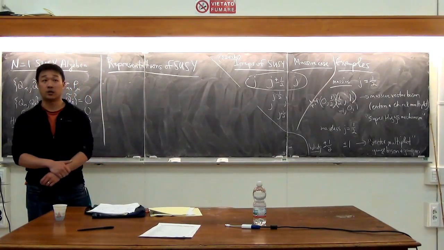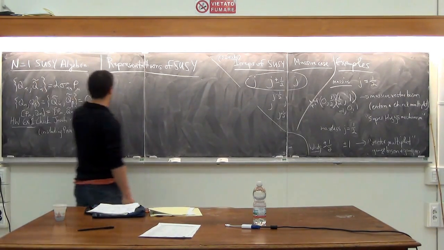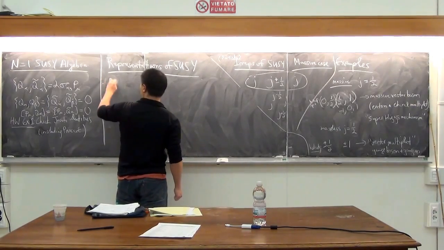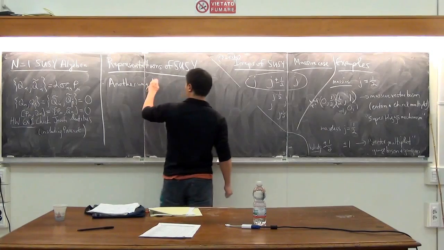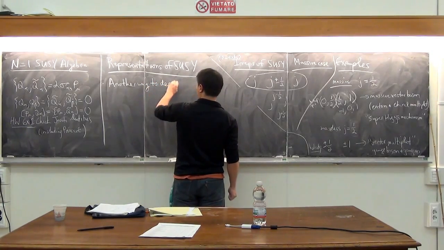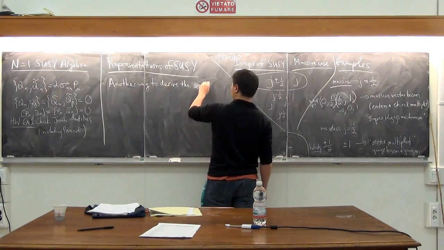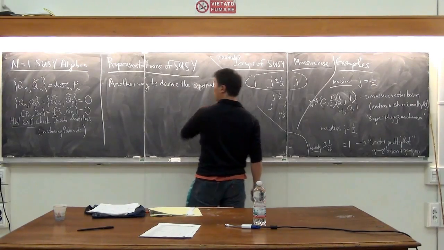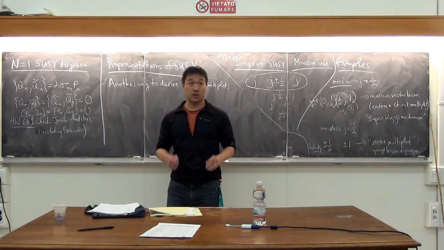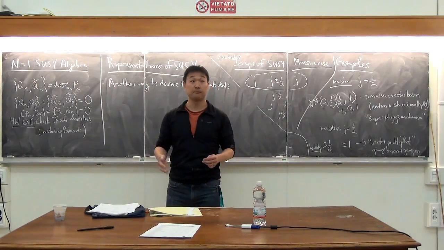Another way you could generate all the representations is just by turning the crank. What do I mean by that? Another way to derive the supermultiplets is to just keep acting with the supercharges until you can't act anymore.